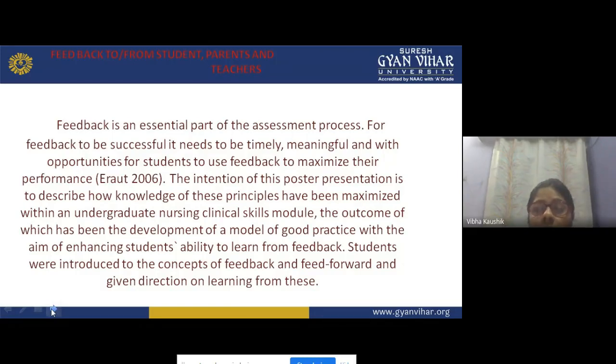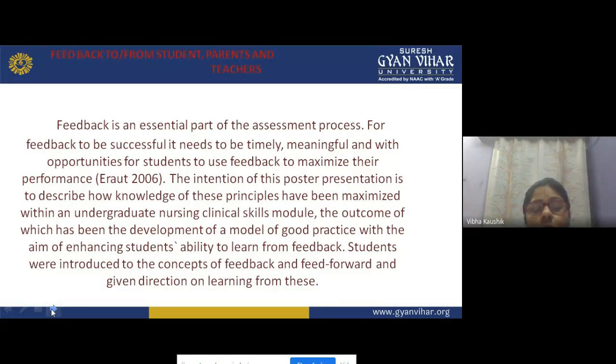The intention of this poster presentation is to describe how knowledge of these principles has been maximized within an undergraduate nursing clinical skill module, the outcome of which has been the development of a model of good practice with the aim of improving the students' ability to learn from the feedback which they got.